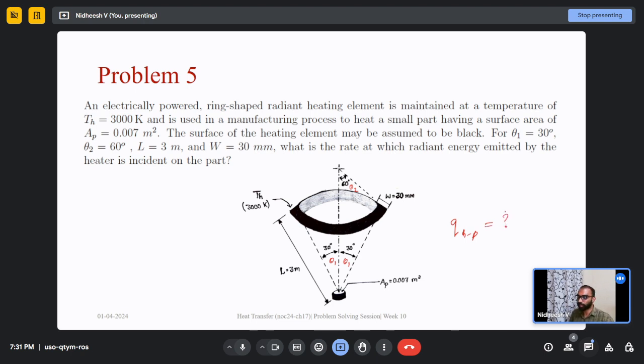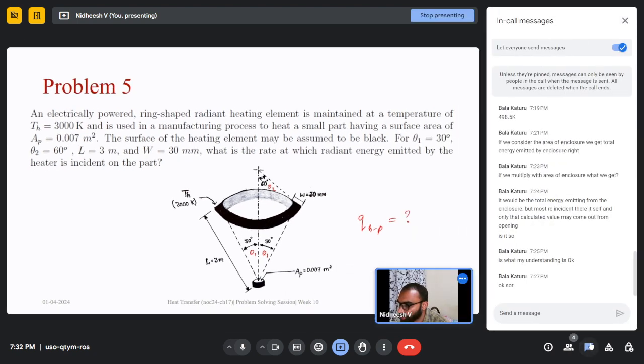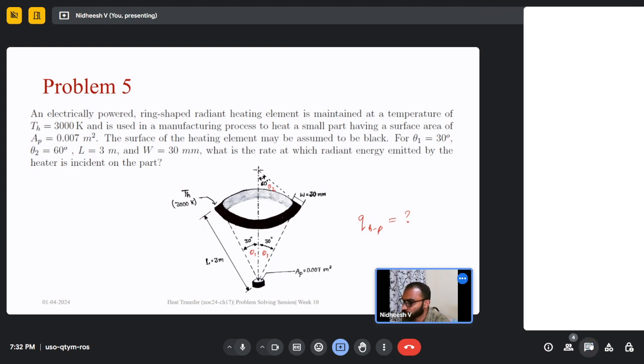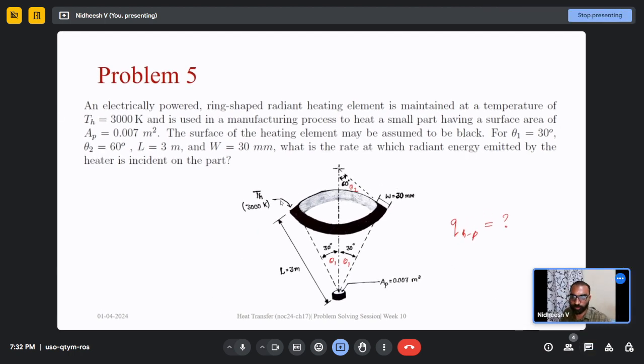Is the problem statement clear? Let me know once the problem statement is clear, so that we can proceed to the solution part.